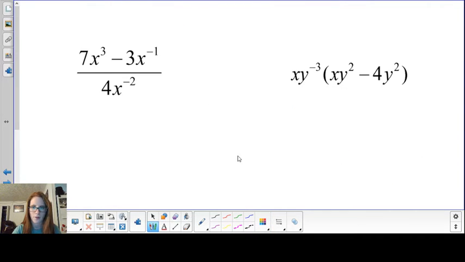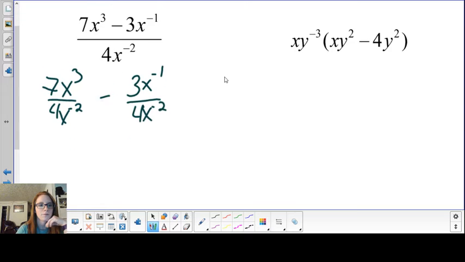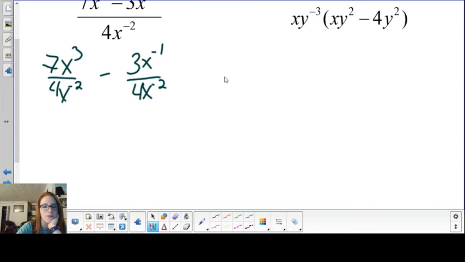All right, last one. So then this one, since I don't have any exponents or multiplication going on, I have division. And when I have division, it's like saying I have both terms divided by whatever is on the bottom. So 7 divided by 4 doesn't give me a nice pretty answer, so I'm just going to leave it as 7 over 4.